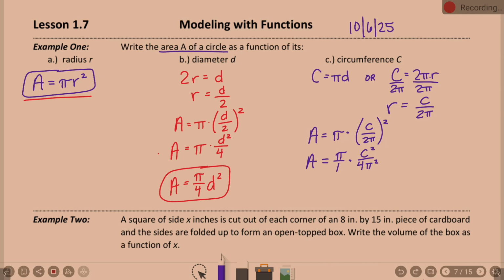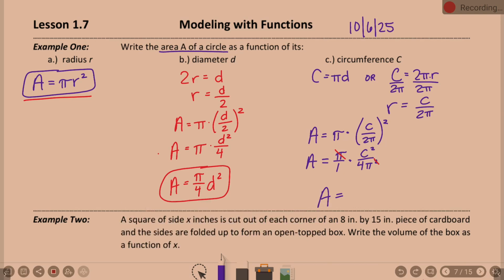Okay? Thoughts of how you'd write a final answer here? Would it be like C squared over 4 pi? Because what can happen? You could cancel out the pi. One pi on top can cancel with one of the pi's on the bottom.